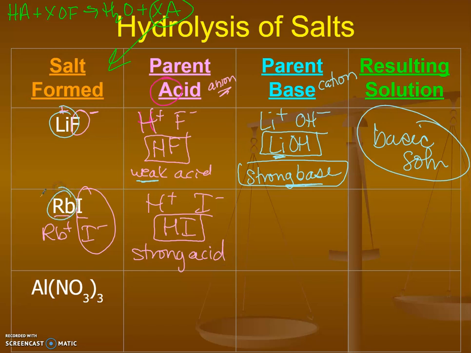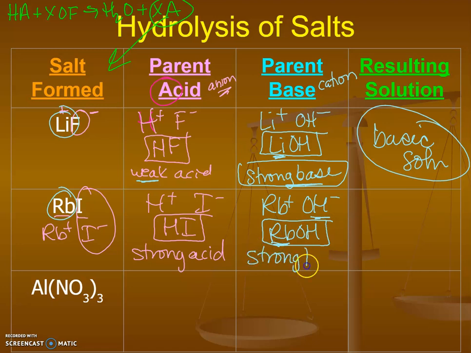I have Rb plus and hydroxide as my base. So that's rubidium hydroxide. Take a look at my periodic table. Rubidium is in column 1. This is a strong base as well. So what do I get? If I have a strong acid and a strong base, they are equally going to cancel each other out, and I'm going to get a neutral solution.